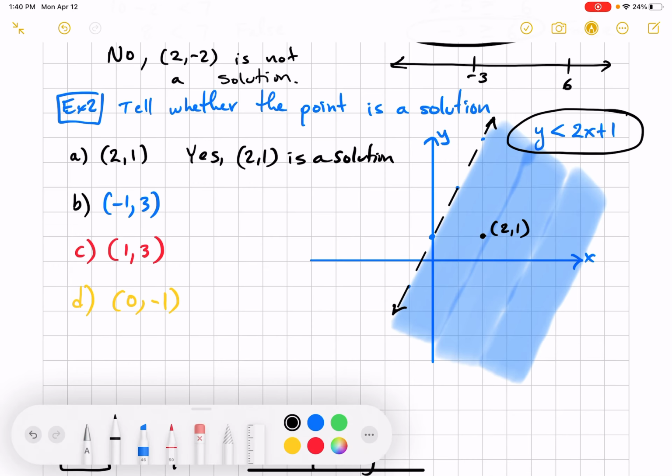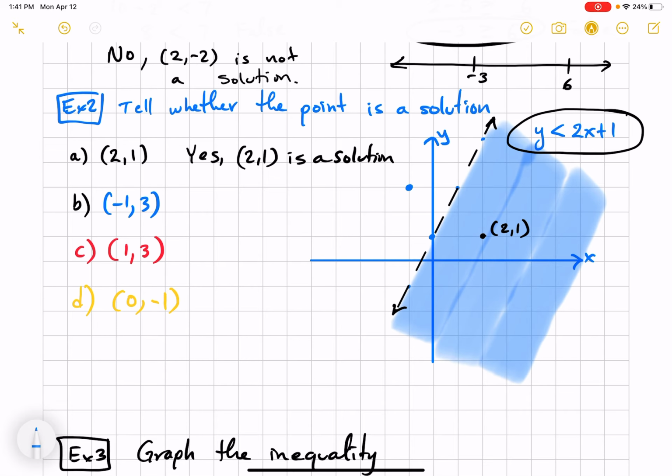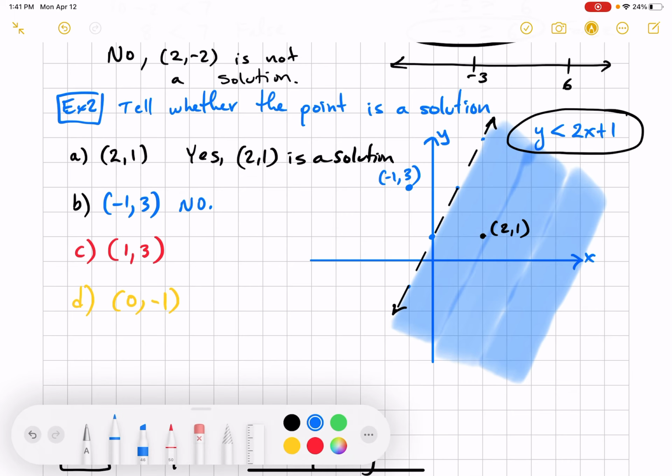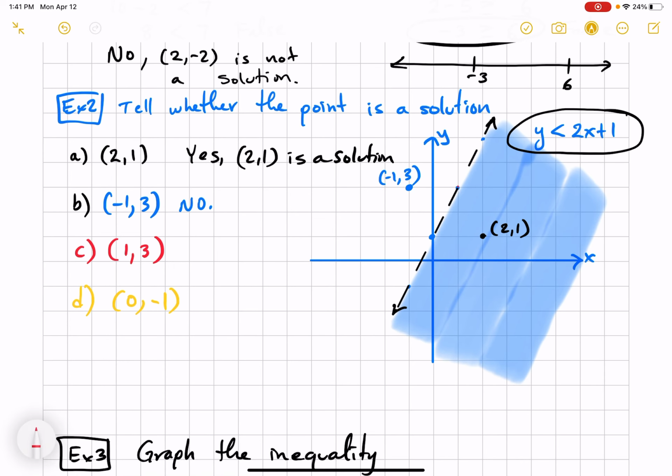So yes, (2, 1) is a solution. The point (-1, 3) is here, and it's not in the shaded region, so it's not a solution, so no. What about the point (1, 3)? (1, 3) would be here, 1 to the right and 3 up. It's actually right on the line.